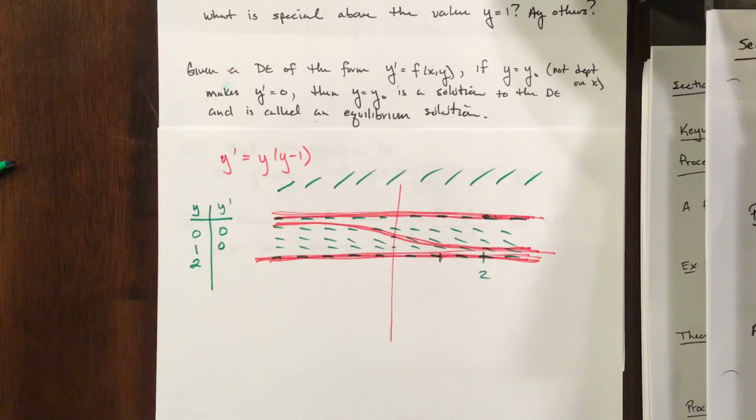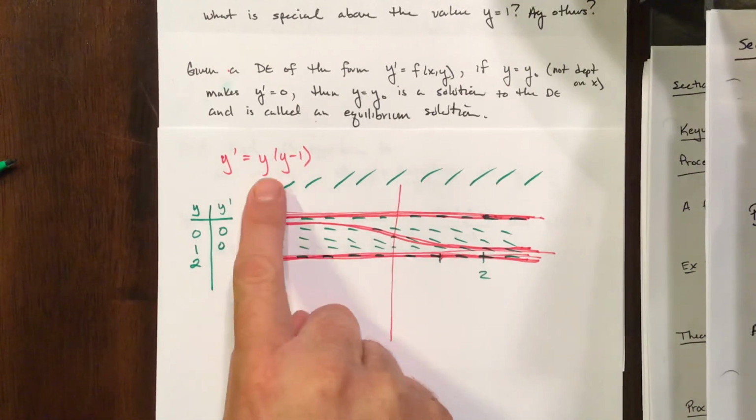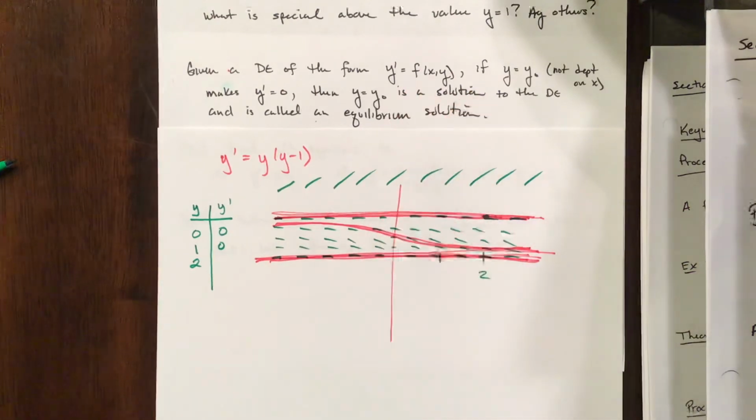So here's the definition. A differential equation of the form y prime equals f of x comma y, like the one that we're looking at, even though x is not in it, it's still of that form. If y equals y naught, where y is the dependent variable, makes y prime equal 0, then y equals y naught is an equilibrium solution to the differential equation.